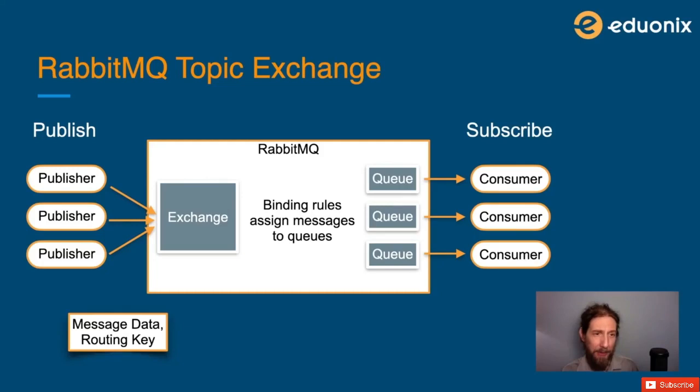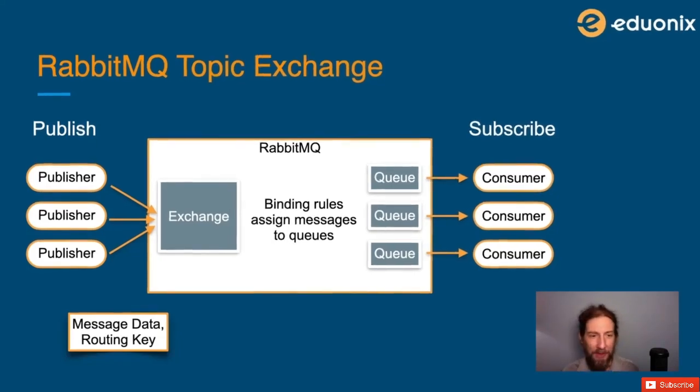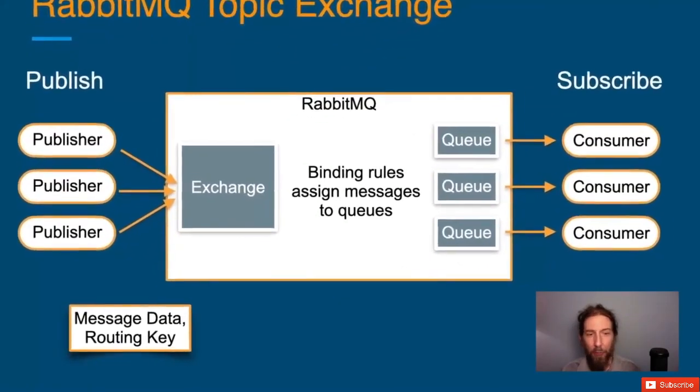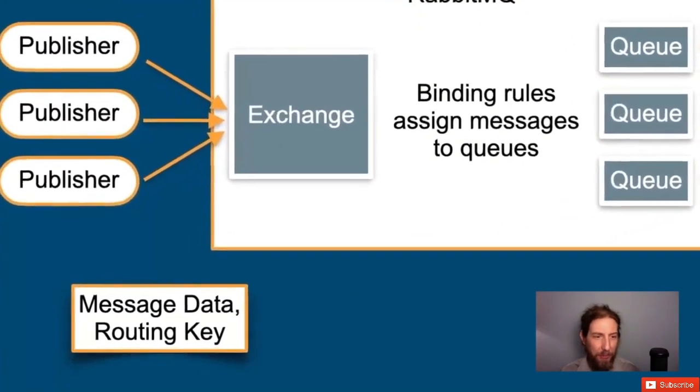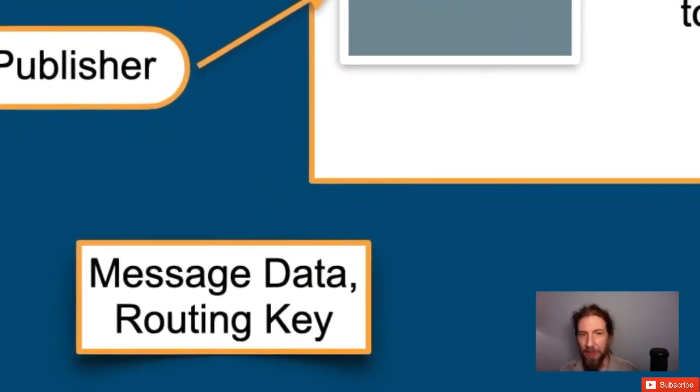In this pattern, we have a set of publishers and a set of consumers that subscribe to our message queue. RabbitMQ provides the role of sorting these messages and sending them to the proper queue. It does that using a routing key that's attached to every message that's published.